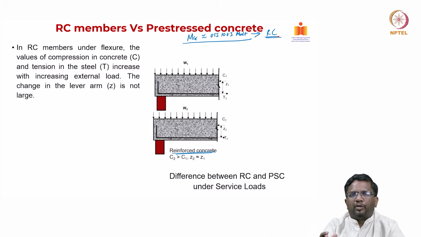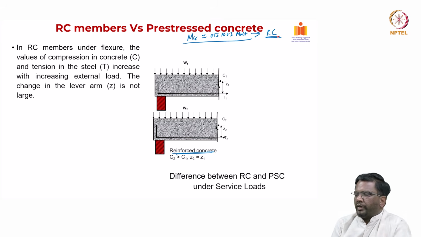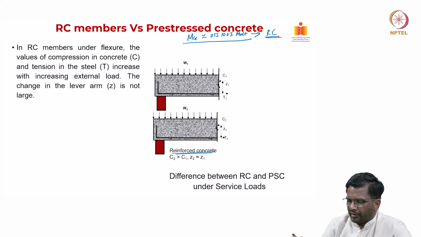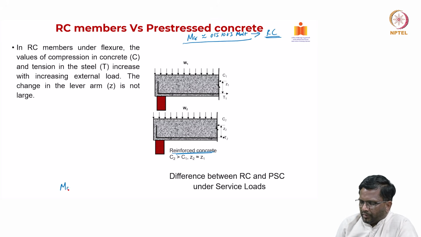So the cracking moment is very, very low compared to that of ultimate resistance in case of a reinforced concrete system. And we know that service loads, M service, when we design, M service will be roughly 0.6 to 0.7 of your M ultimate. That is the way we design.